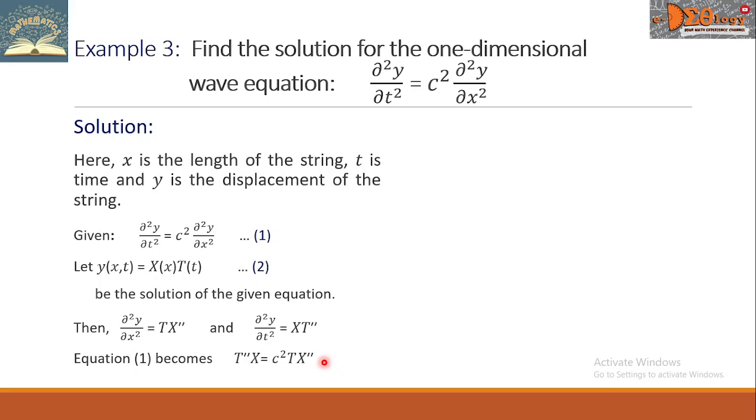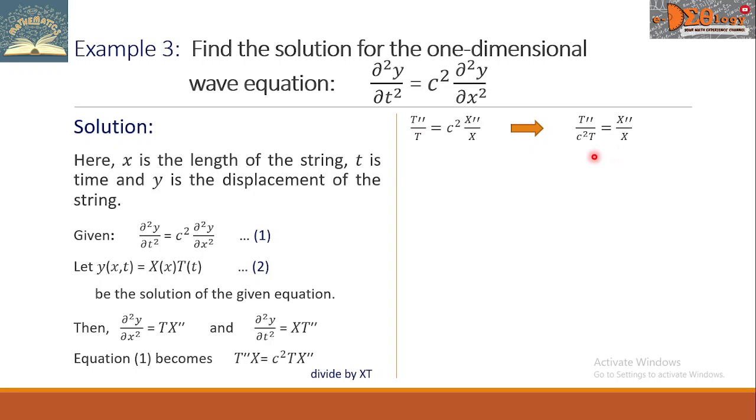Now we're going to separate the variables. Let us divide this equation by XT. So the new equation becomes T double prime over T is equal to c squared times X double prime over capital X. And then let us show that this c squared be in the coefficient for the capital T in the denominator here.